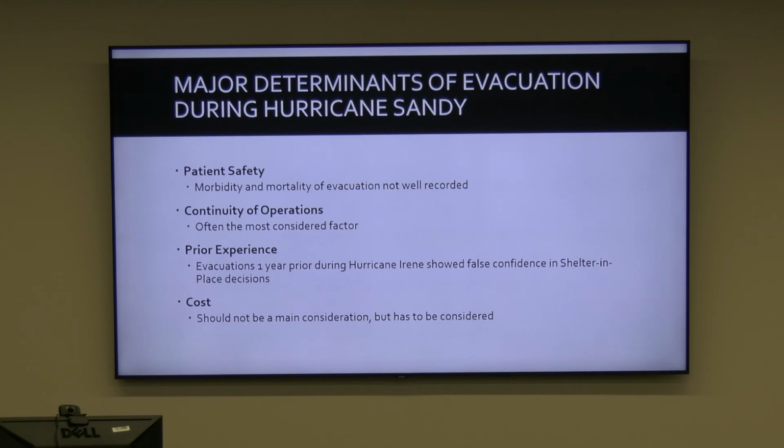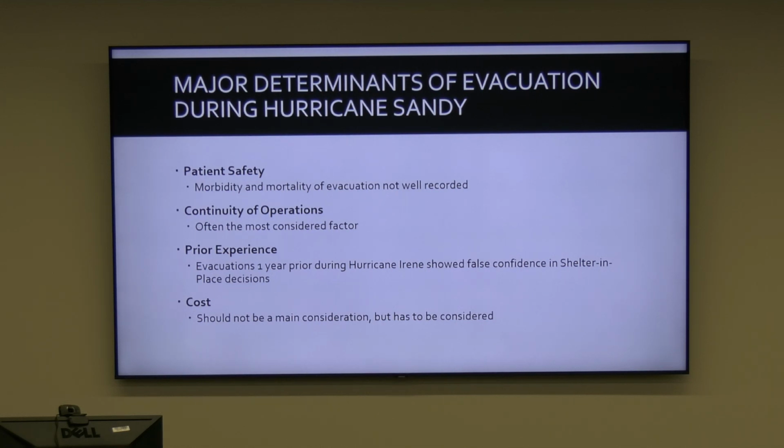Realistically, it is more beneficial to continue functioning than to try to evacuate, because even if we are able to maintain basic functions, then it can be more helpful for the community as in the greater good than actually evacuating an entire hospital and having a non-functioning hospital for the community. But a lot of times that might not be a reality for hospitals, in the sense that you might not have the resources to even continue basic operations.